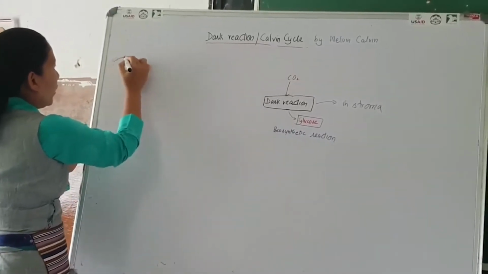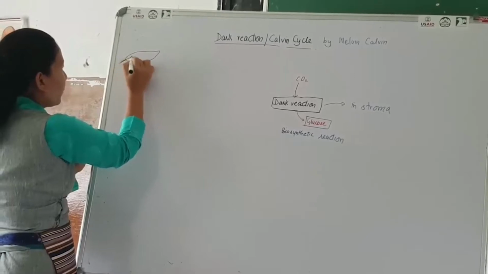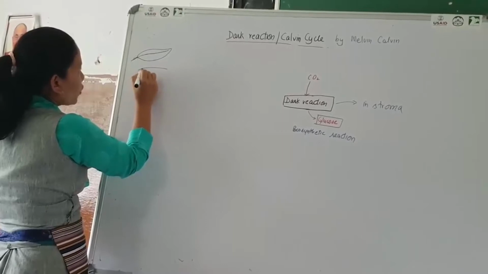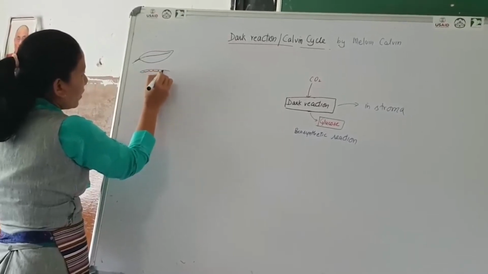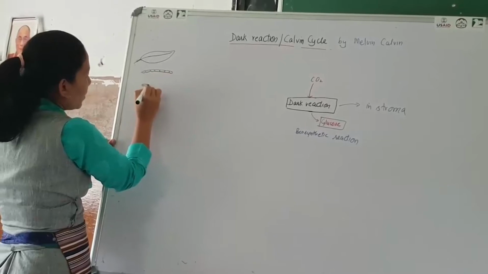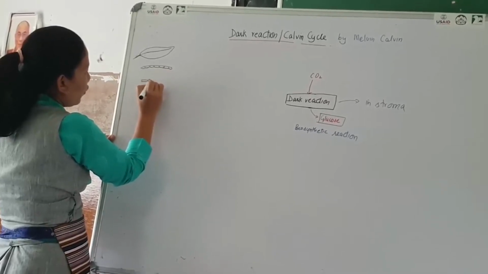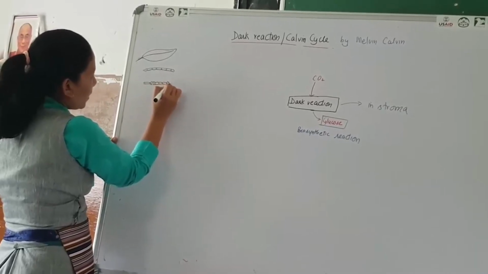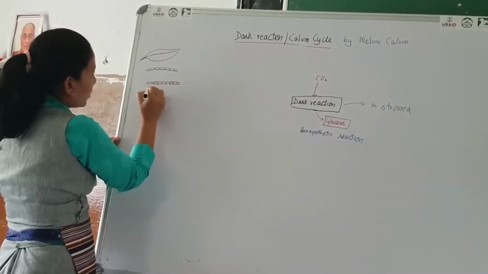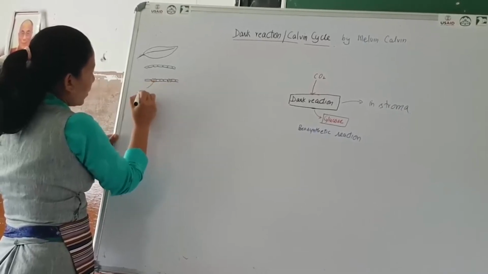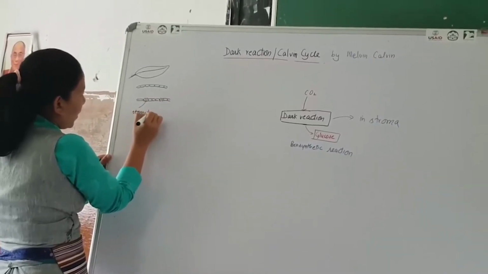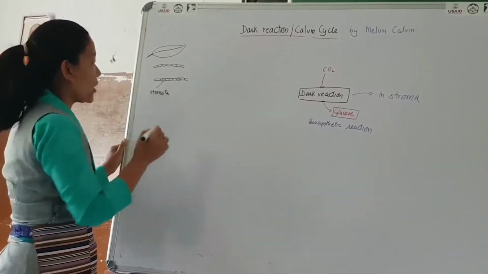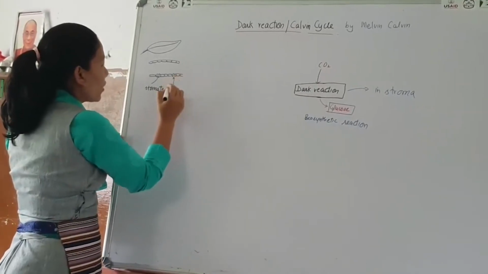First, let us just show the leaf. If you take a cross section of a leaf, at the lower surface, that is the lower epidermis, there are pores guarded by guard cells, and these pores are called stomata. The stomata are very important for the exchange of gas, especially the intake of carbon dioxide.